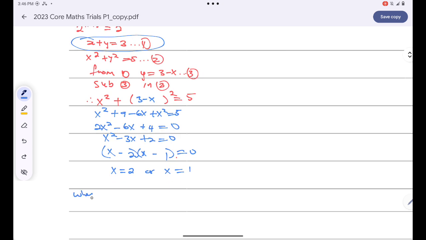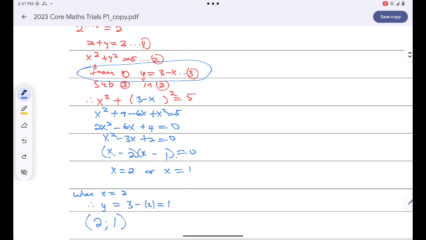Let's use the third equation, guys, because we already have y as the subject of the formula. So when x is equal to 2, therefore the value of y is just 3 minus 2, which is just equal to 1. So I now know that when x is 2, the y value is 1.